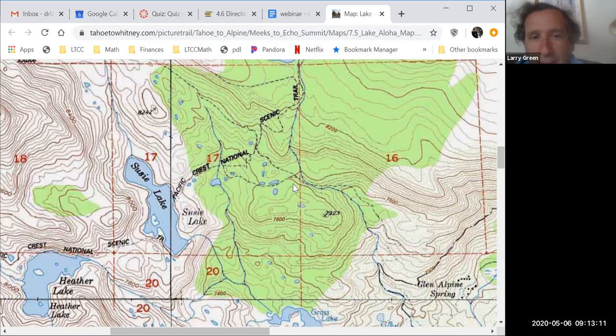So here's the question. If you were trying to understand the trailhead, let's go to the trailhead I'm going to go from, which is Glen Alpine. So right around here, and then I'm going to go up this trail, and then a little of the PCT, and then get to Susie Lake.